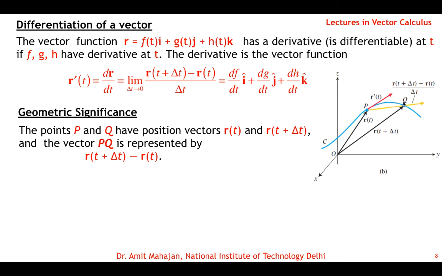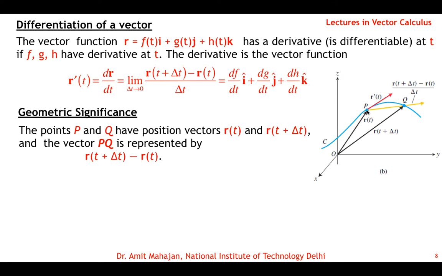If delta t is a positive quantity, then by property, if this vector is scaled by 1 by delta t, that will be a vector in the same direction as PQ.